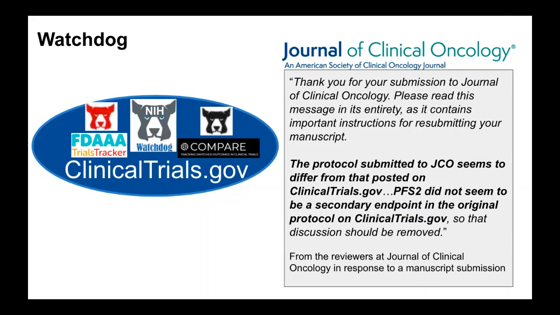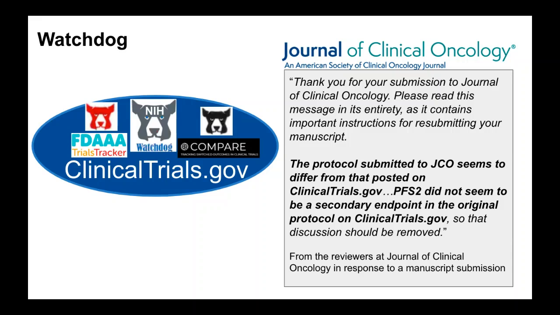And also many journal editors today are comparing reported outcomes in the manuscript and ct.gov. So this is the actual email an investigator received from the Journal of Clinical Oncology. The journal editor basically suspected outcome switching, also known as a multiple testing problem or reporting bias, in the manuscript.